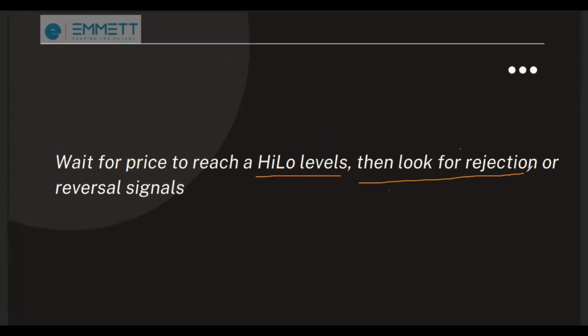Then you will look for rejections or reversal signals, right? Because that is all there is. Those are liquidity levels. Those are liquidity zones where, if the market taps, we are looking for a reversal to the downside or to the upside, depending on the market structure.